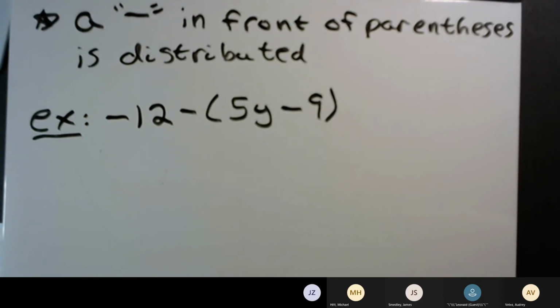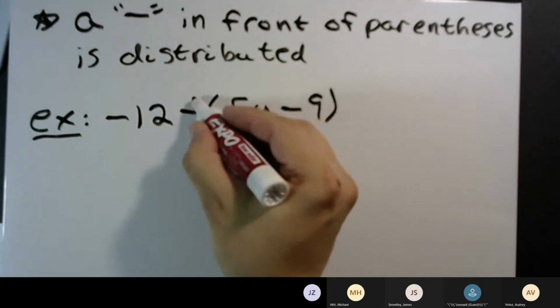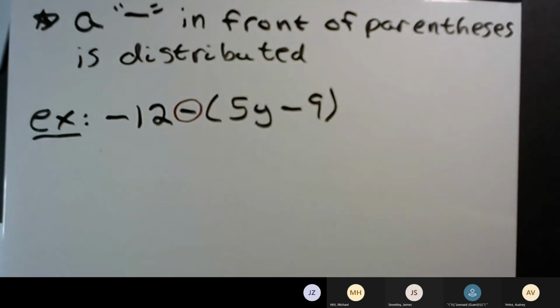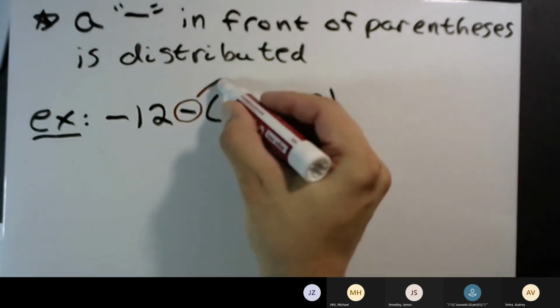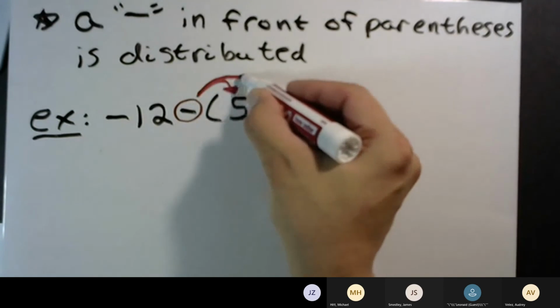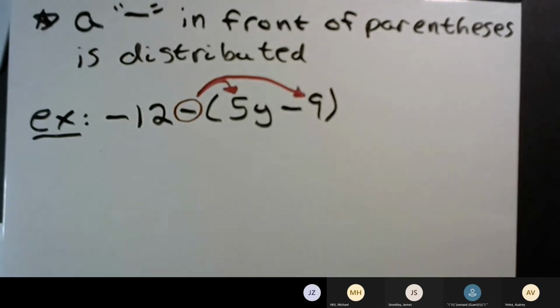Now here, we've got a minus in front of the parentheses. So this gets distributed to here and to here. So what happens when we distribute this?